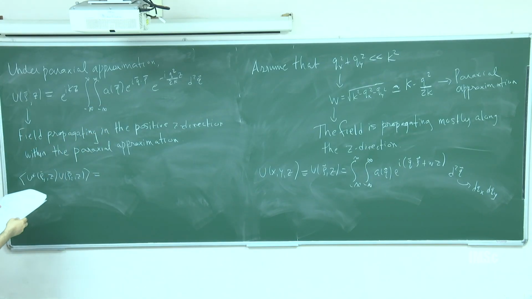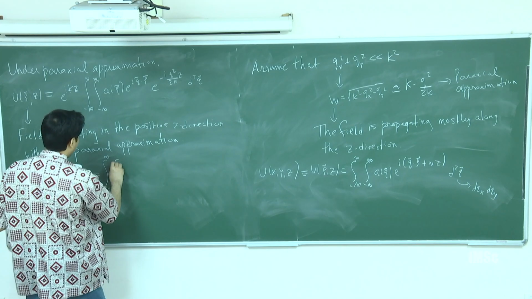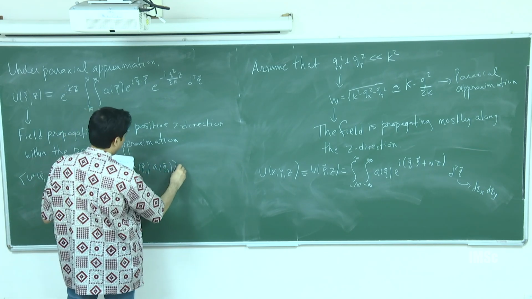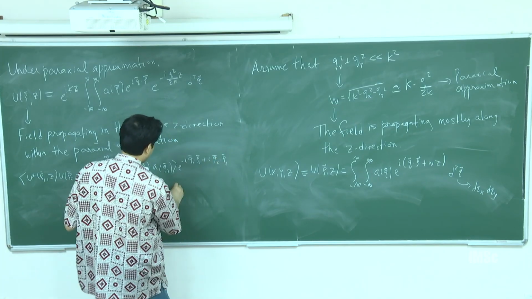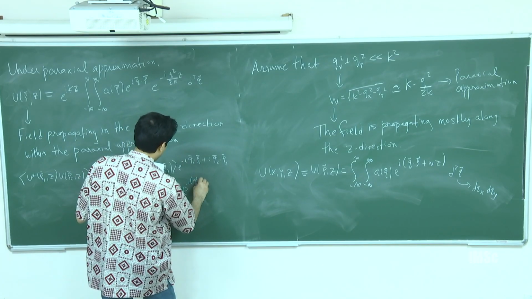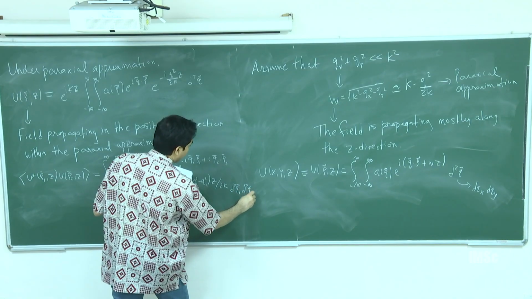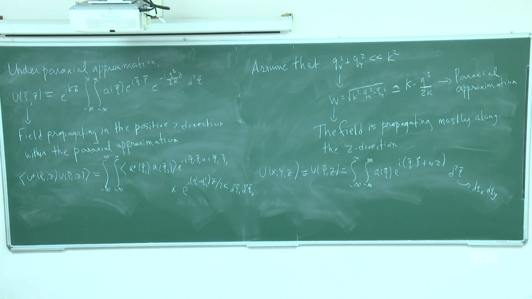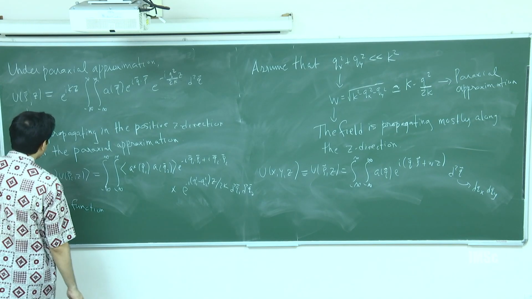We start with this expression for u of rho, z. This is a four-dimensional integral: dq1x, dq1y, dq2x, dq2y. So this is the correlation function between the field fluctuations at rho 1 and rho 2.